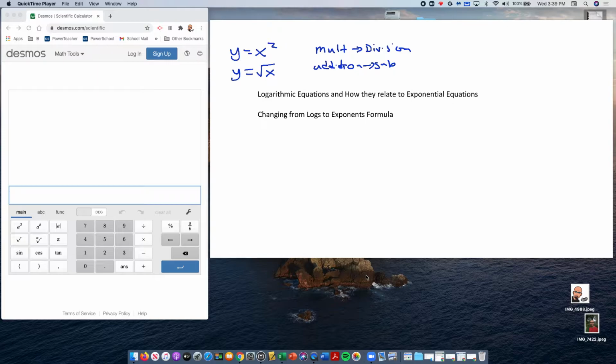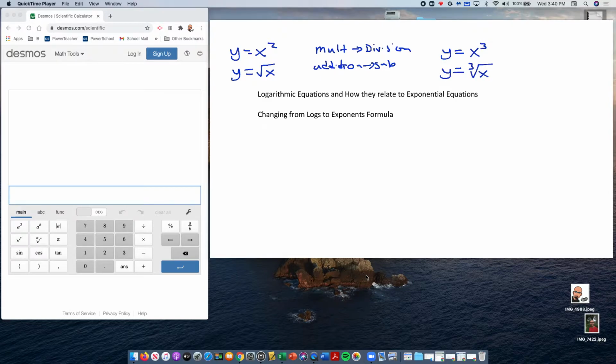If I said what's the opposite of something like, let me think of another one, even y equals x to the third, y equals the cube root of x would be the opposite.